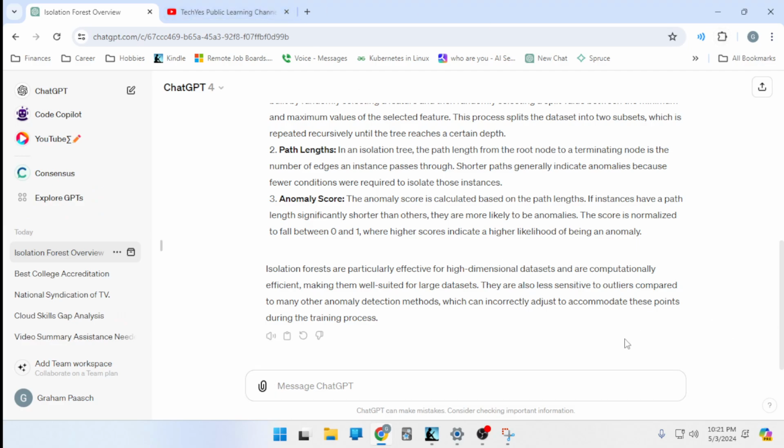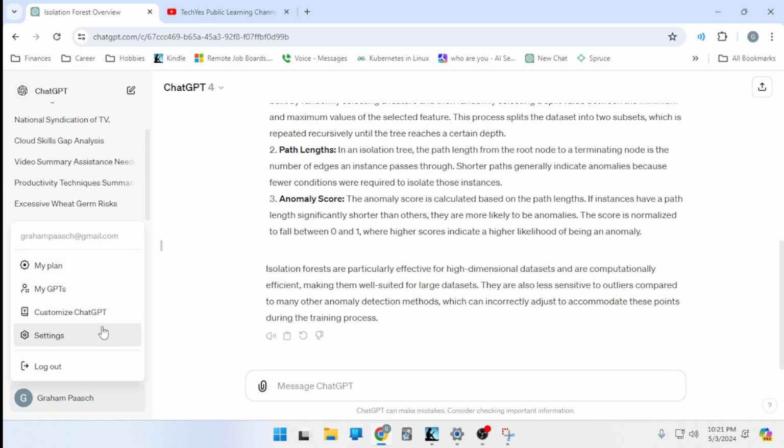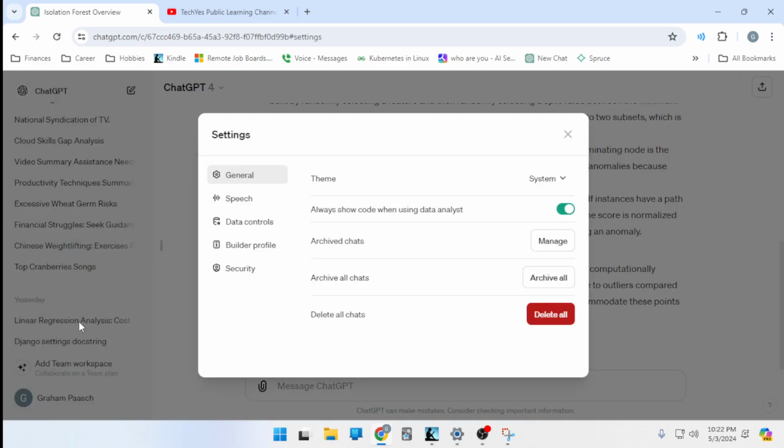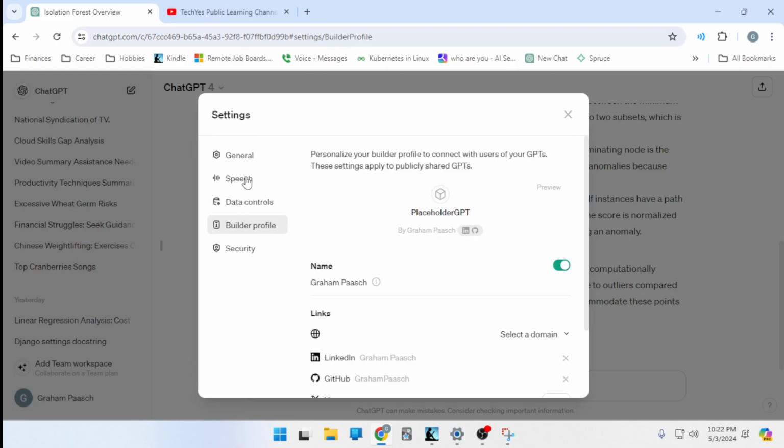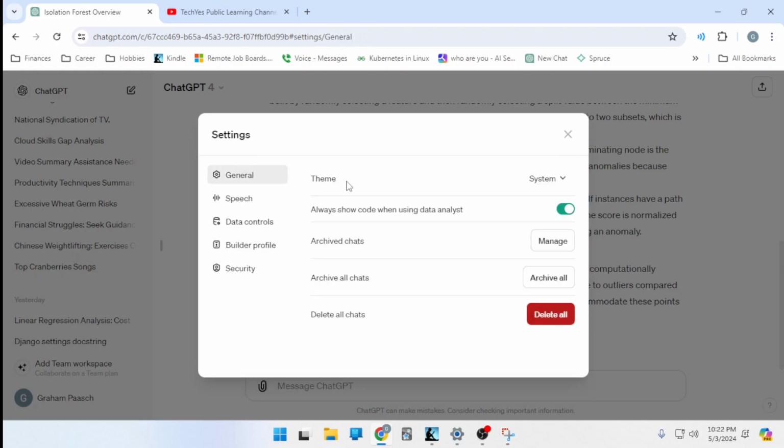So let's go to settings, and then speech. Interesting.